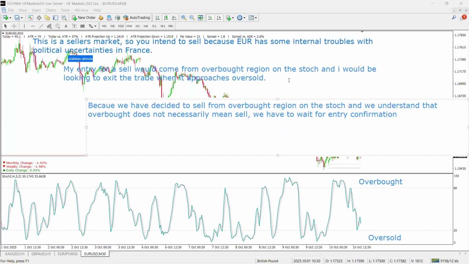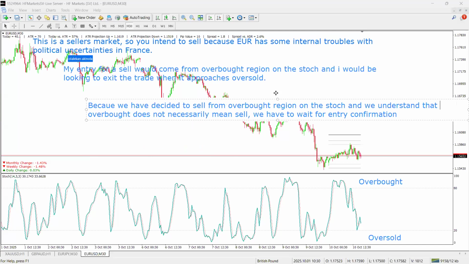Listen to this. It says, because we have decided to sell from the information that we have, you can see the transition. The information we have is the one saying we should sell. And we understand that logically, it makes sense for us to sell when prices get into overbought, either from retracement or whatever is happening, and look to exit it when it gets to oversold.